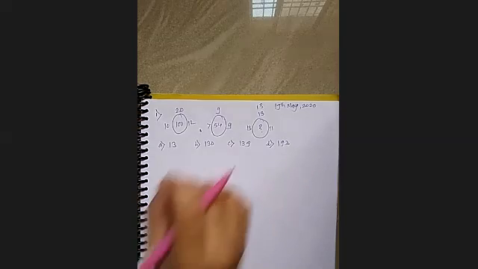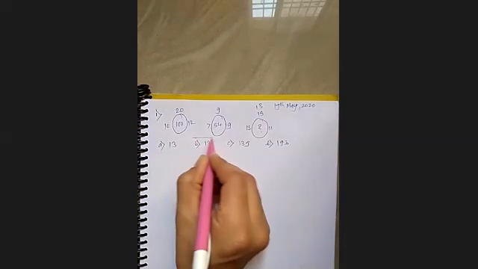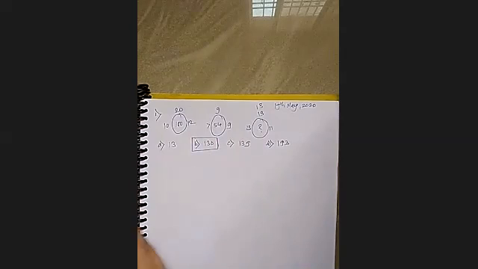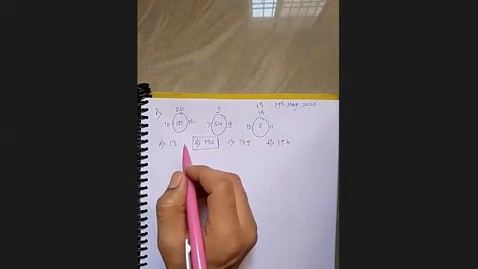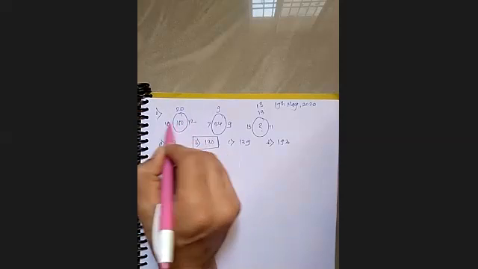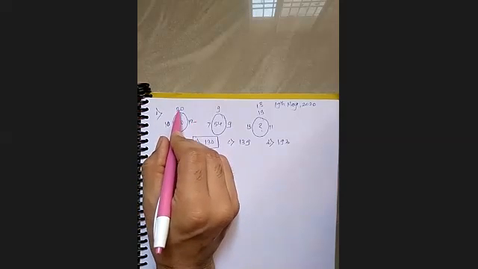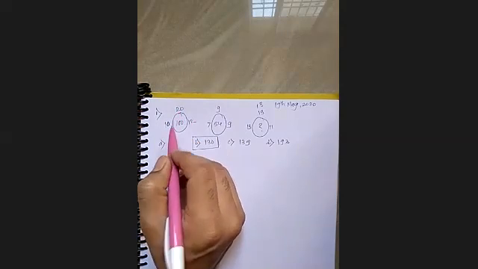Okay. Answer is 130. Now see how it has come. If you take the product of these two numbers and subtract from that product this number, then you will get the answer.